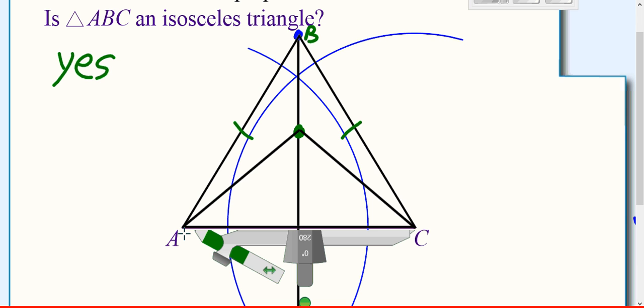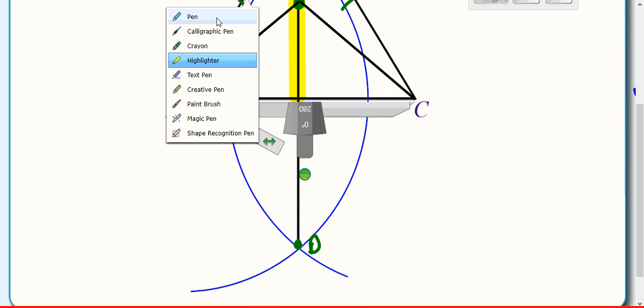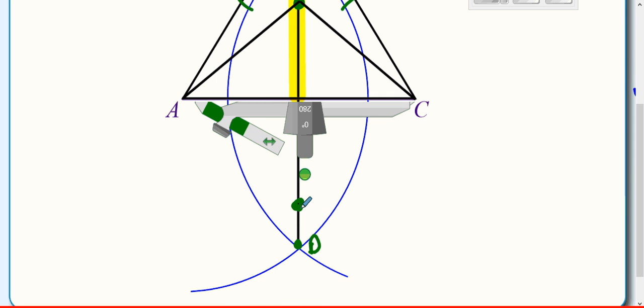You can measure those two sides. It's still going to be isosceles. No matter where we draw it on that perpendicular bisector, no matter where it goes on this line, it's going to make an isosceles triangle. You can pick wherever you want, but it's going to be isosceles, no matter what. If you put it down low, up high, it's still going to be isosceles. Even if you drew it down here on the bottom, it would still make an isosceles triangle. It would just be kind of upside down from what you're used to.